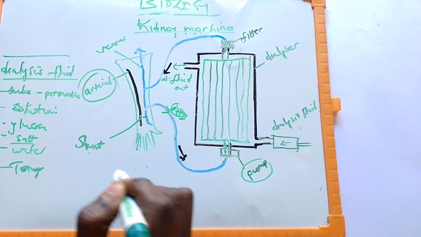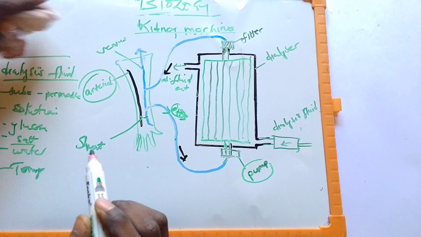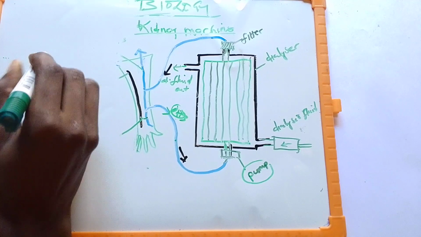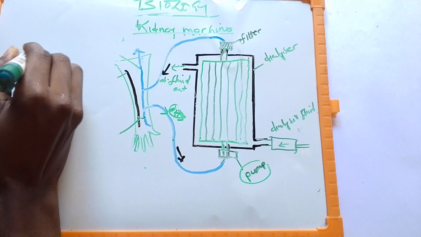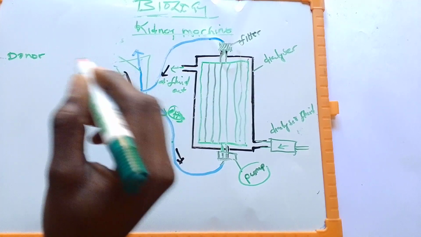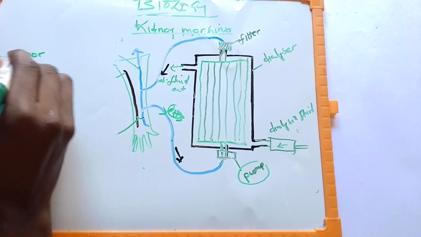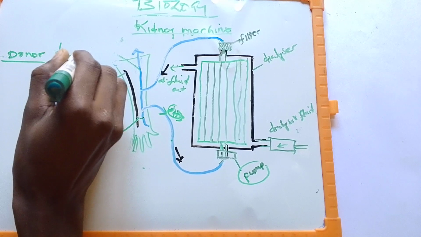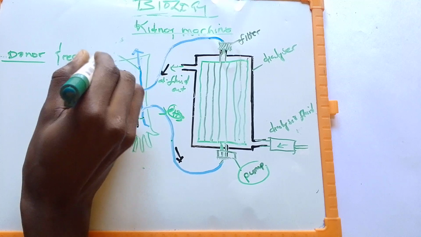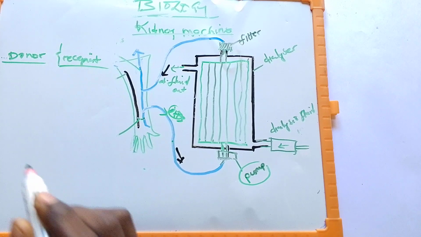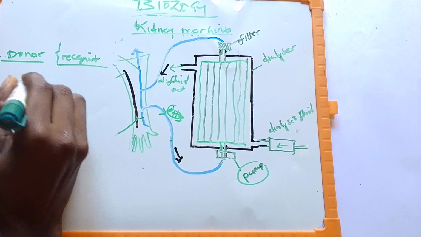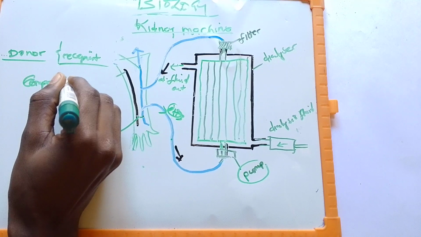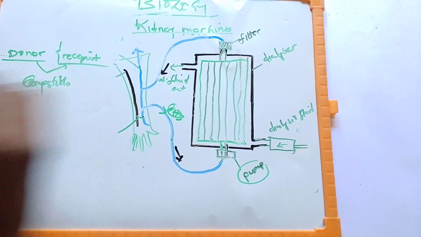So the issue of compatibility means that they will start testing with blood group. If the donor and the recipient, the donor tissue should be compatible with the recipient.